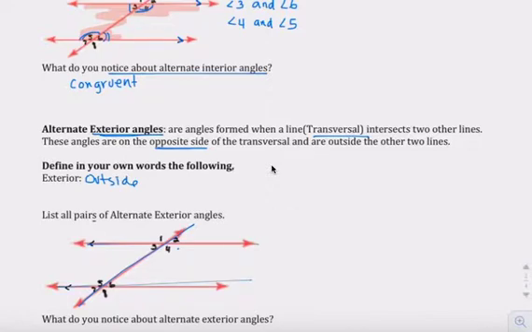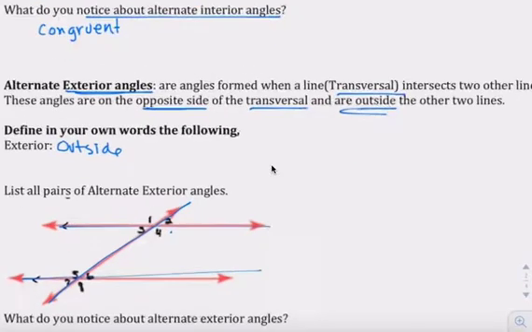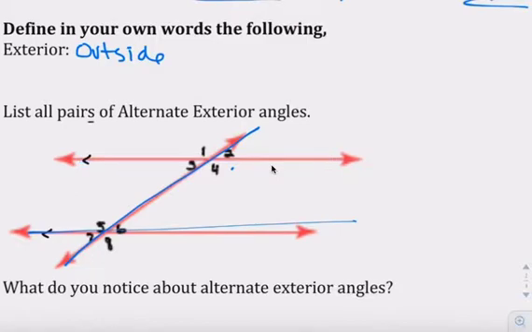They are on opposite sides of the transversal and are outside of the two lines. Okay, they're outside, exterior, right here, outside angles. Highlight them. So there are 4 angles that are outside.